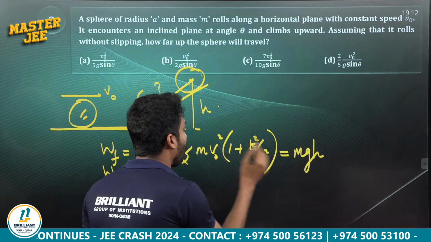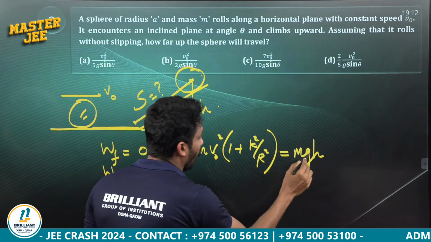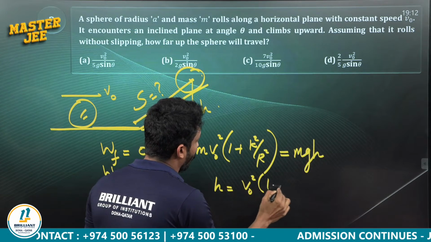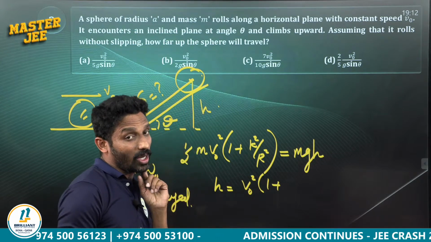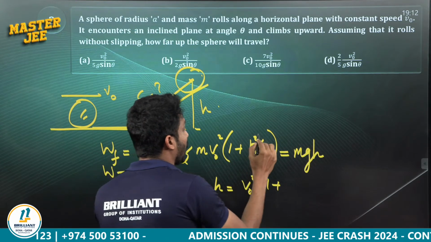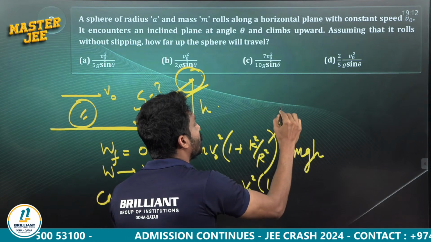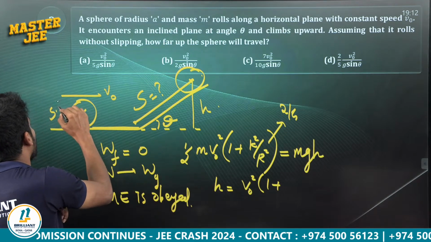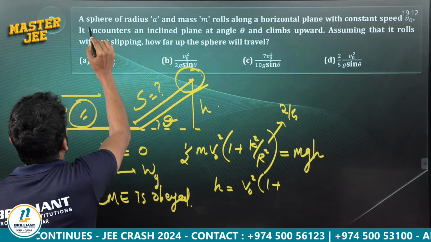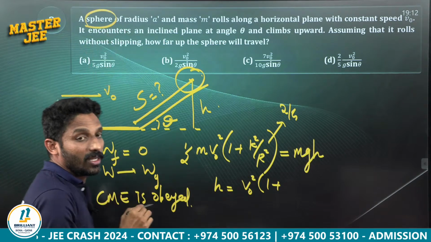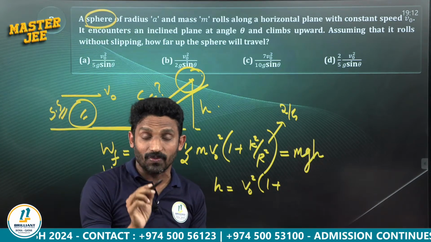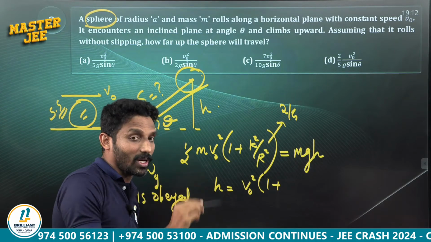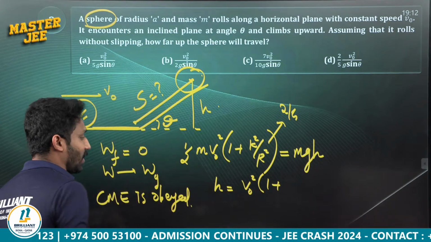Now m is cancelled. We find this h value as v0 square into 1 plus k square by r square. Now what is k square by r square? The value is 2 by 5 for a solid sphere. Actually in the question just sphere is mentioned, but we need to consider it as a solid sphere, unless it is mentioned as a hollow sphere.